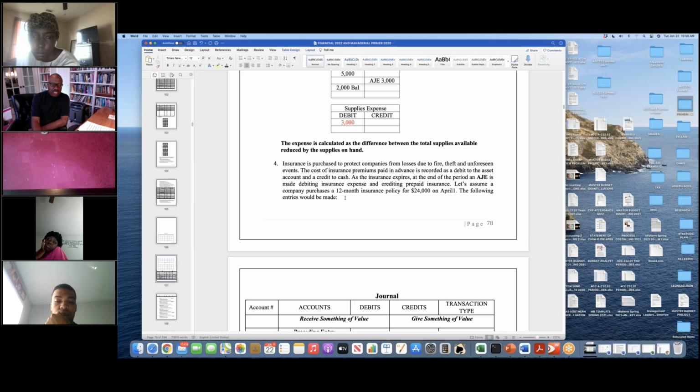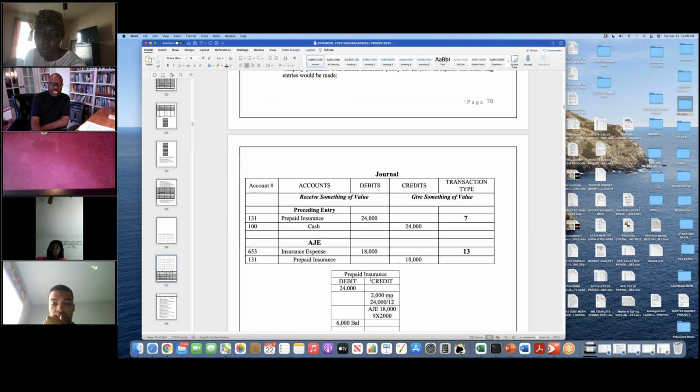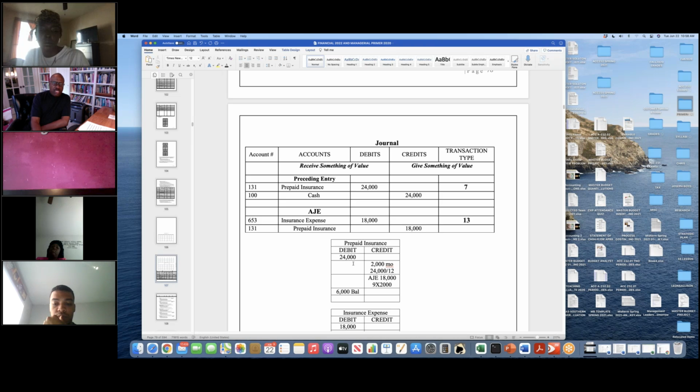Now, when it rolls around to December 31st of 2017, then we got to expense it. It's no longer an asset. Time has caused it to expire. So from April 1st until December 31st, that insurance is no longer an asset anymore. It's an expense. How do we calculate it? We had 24,000 in the account for 12 months, so that's 2,000 a month.